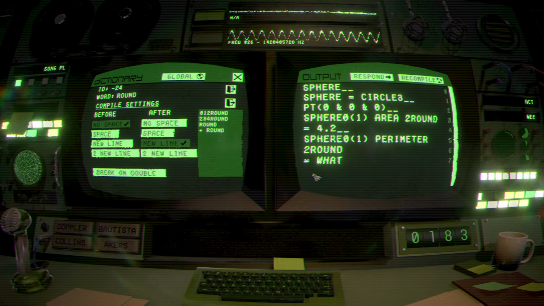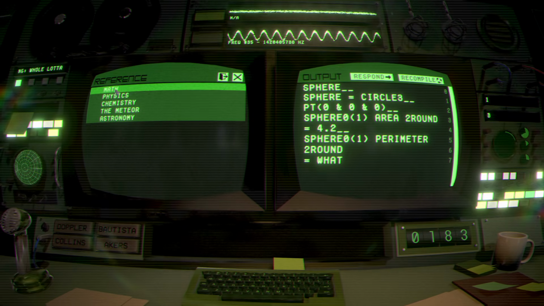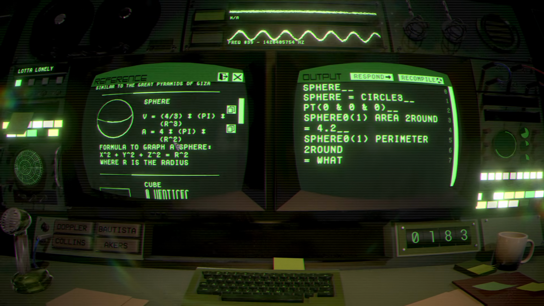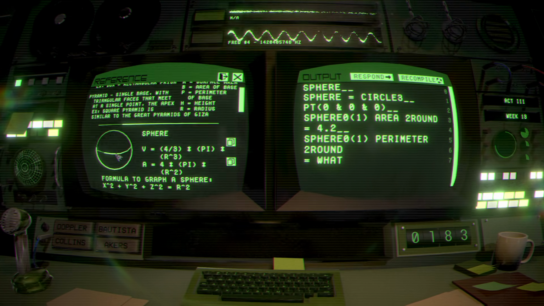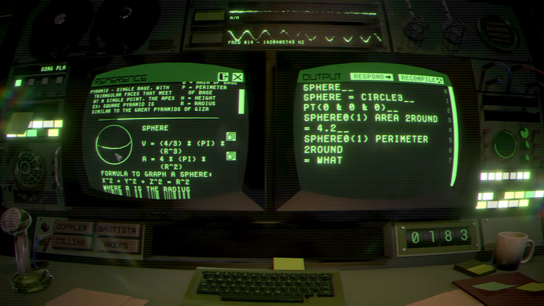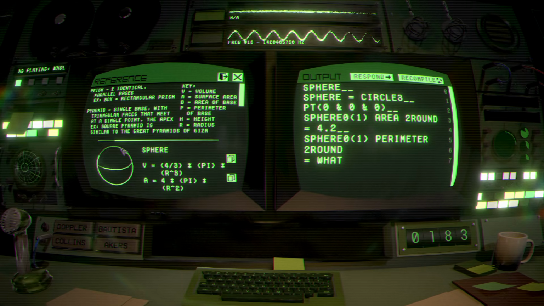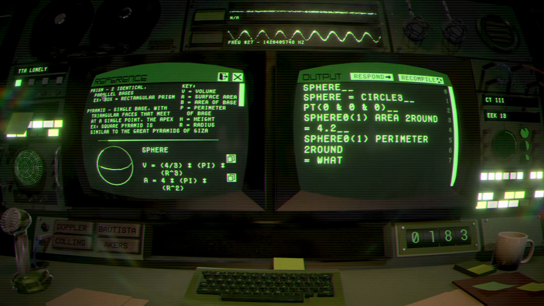It's 4.2. So then, let's go to our references. Math, 3D geometry. So what is the perimeter of a sphere? Perimeter. Pi. Oh, it's just pi.